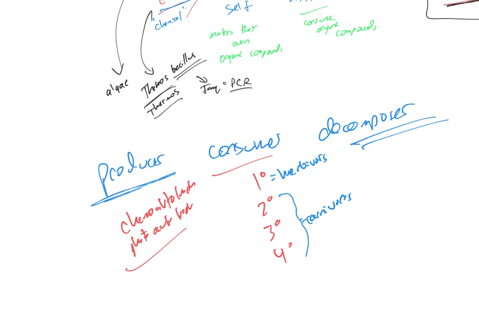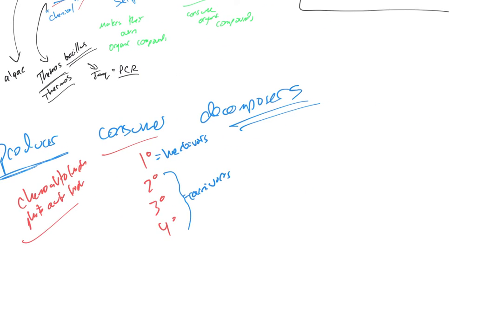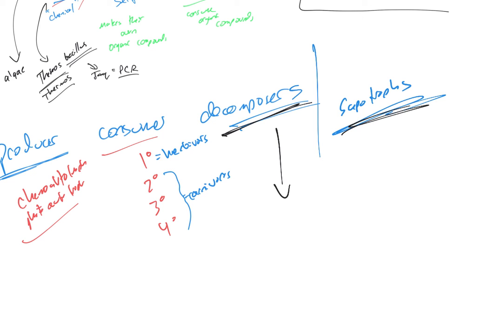And then there are decomposers, and there are saprotrophs. Now, your decomposers are your bacteria and your fungi. Your saprotroph might be a vulture or a worm.